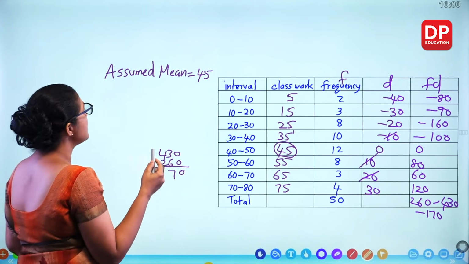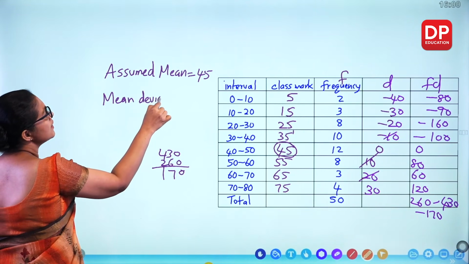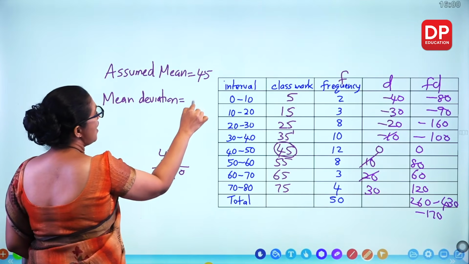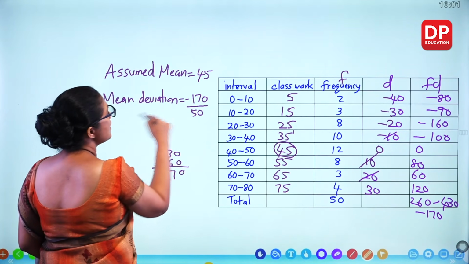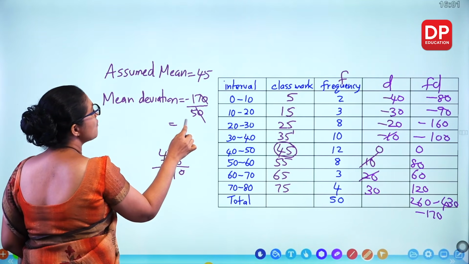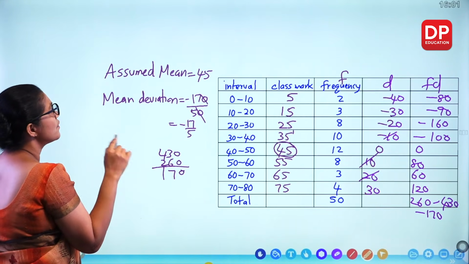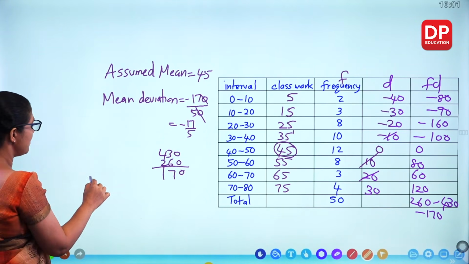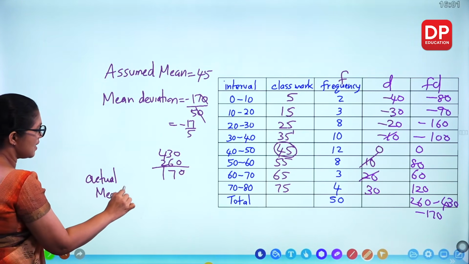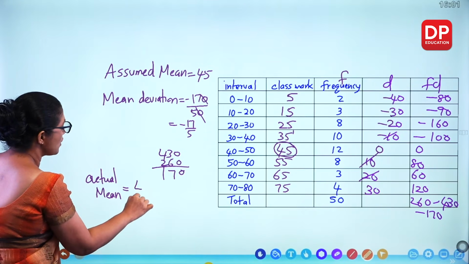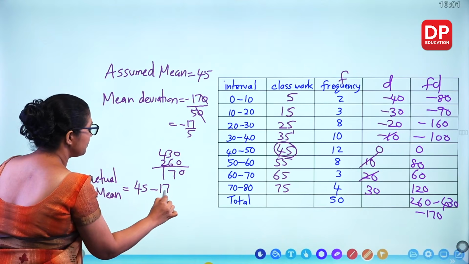So what is the mean deviation? Mean deviation is minus 170 divided by 50. So you get roughly minus 17 over 5. So what's the actual mean? The actual mean is the assumed mean 45 plus the mean deviation.